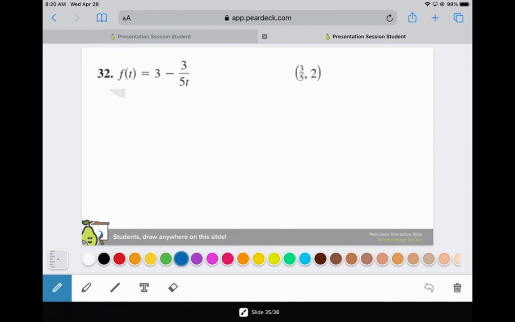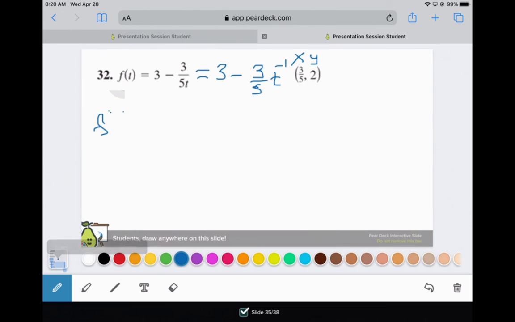Okay. All right, so let's look at this one. Again, this one is the x, this one is the y. We're going to take the derivative, but before we do that, I need to rewrite my 3 over 5 t to the negative 1. So I need to rewrite my function. So f prime of t: the 3 is going to be 0, and this one I'm bringing down negative 1 times 3 over 5.